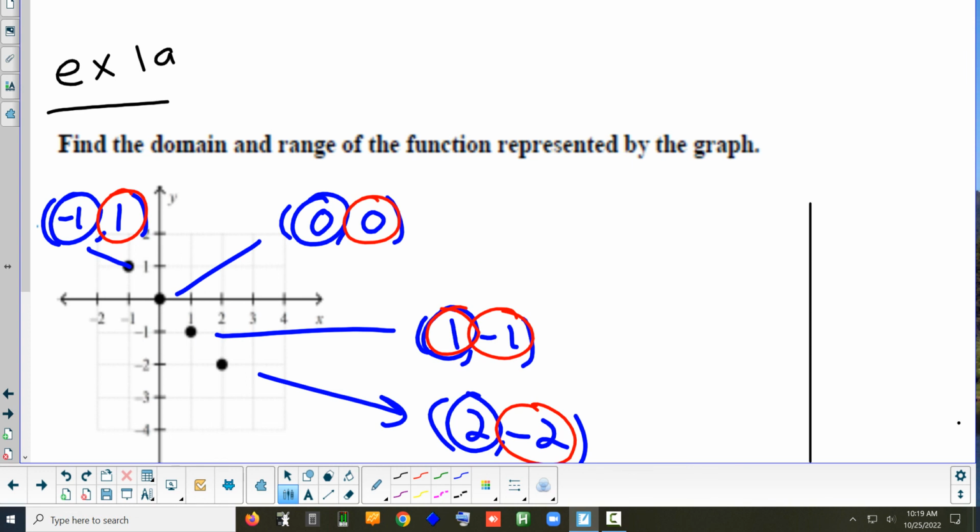Each dot has its own x and its own y value. If we were to connect them, what we're saying now is we have a dot here, here, here, here, here, here, here, here, here. We have so many dots together now that they're all connected and it makes a solid line.